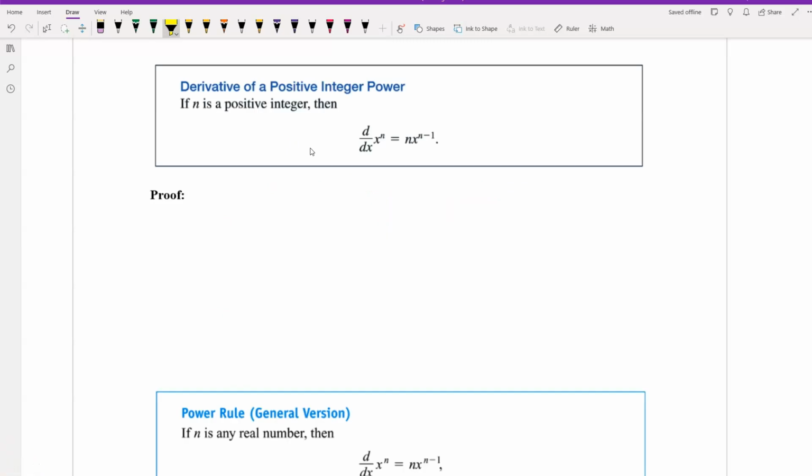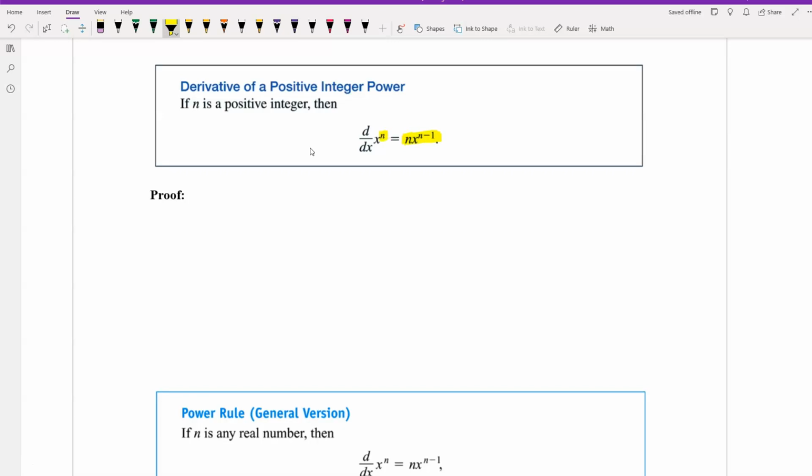Derivative of a positive integer power. If n is a positive integer, then the derivative with respect to x of x to the n power is equal to n times x to the n minus 1 power. So our exponent is n minus 1.